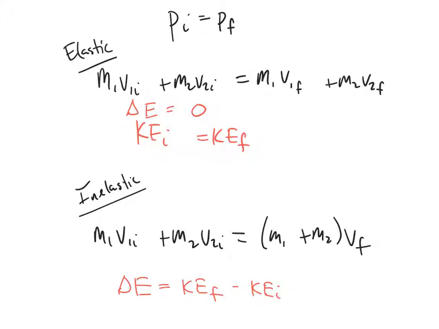In the beginning of the problem, though, KE initial, there are two objects moving, possibly, maybe only one, but hypothetically right now, both are moving. So we'd have kinetic energy from the first object, and then another formula to get kinetic energy from the second object. We'd add those kinetic energies together, and that goes in for KEI. So if two are moving, you have two kinetic energies. If only one object is moving, you only have one kinetic energy. If they fuse together, that's one object now. Is that clear? If they fuse together, we can consider that as one object.